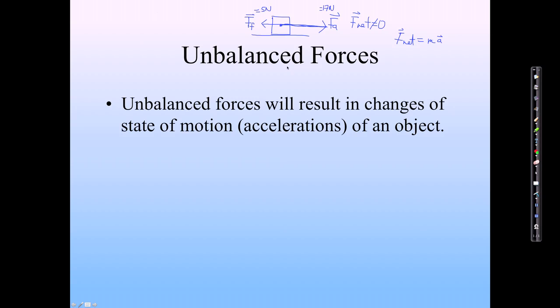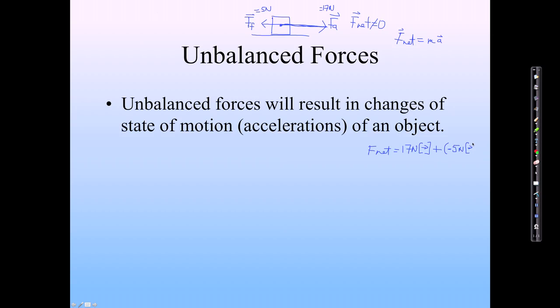We can add these up. Because they're in opposite directions, one will be negative, one will be positive. So in this case, F net will equal 17 newtons. Let's make to the right positive. This is arbitrary, in that we can make left positive if we want to, but in this case left is negative, so negative 5 newtons to the right.